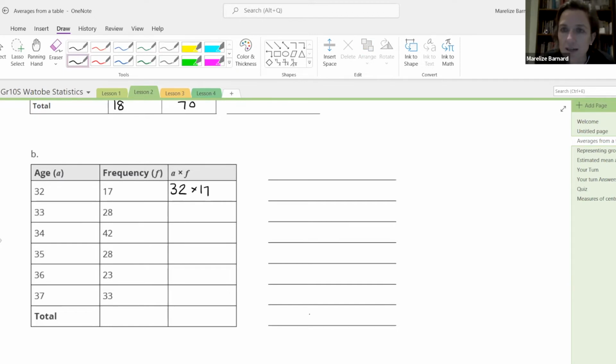Okay, as soon as you're done, post your answer in the chat. Yeah, guys, carry on and do the estimated mean for this as well, or the mean. So as soon as you're done with that, calculate the mean.